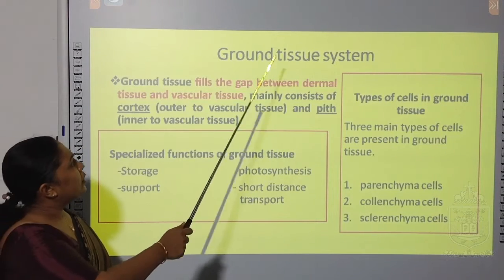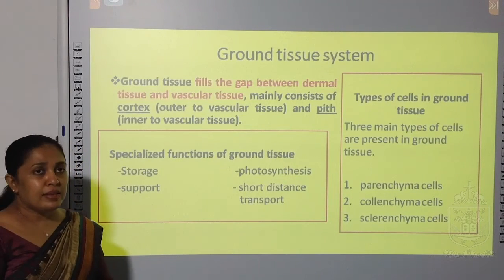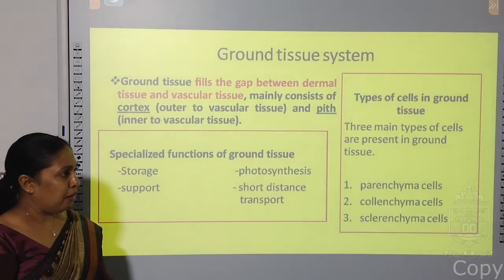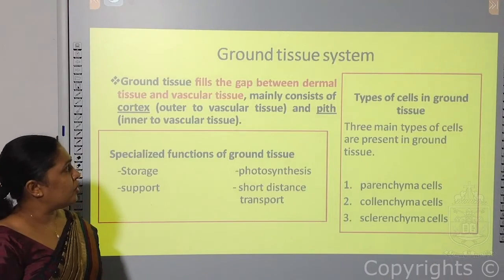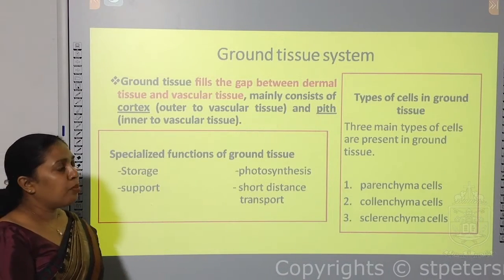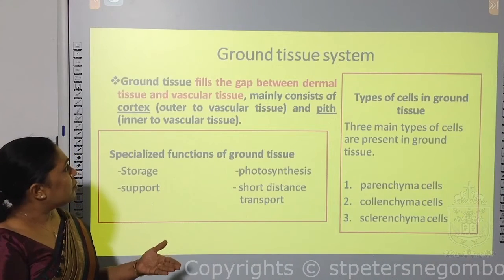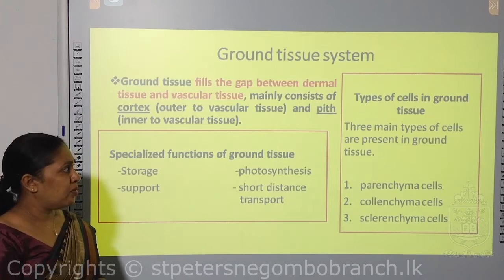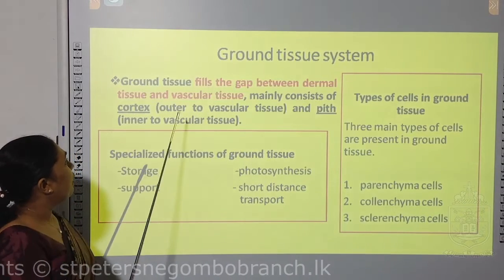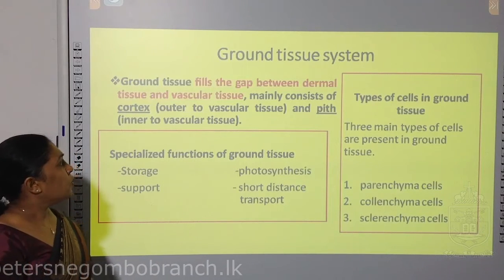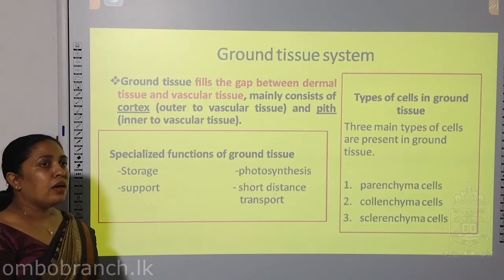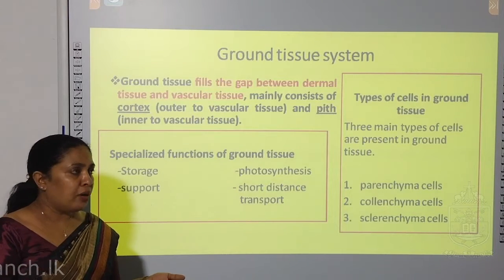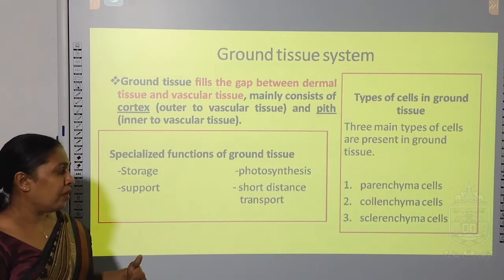Usually the ground tissue system fills the gaps in the plant. As the name confirms, it fills the gap between the other tissue systems such as dermal tissue and the vascular tissue. So it is there in the plant body, mainly in the cortex and the pith.